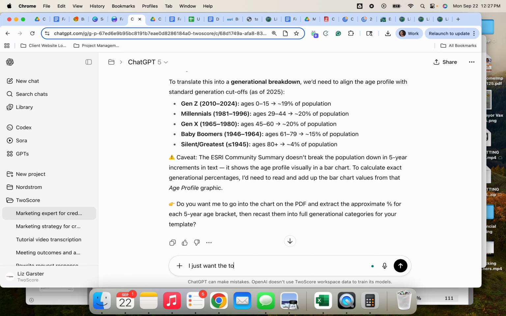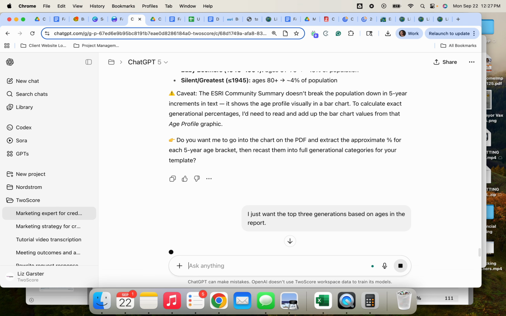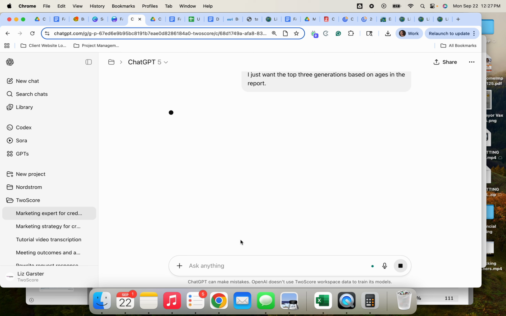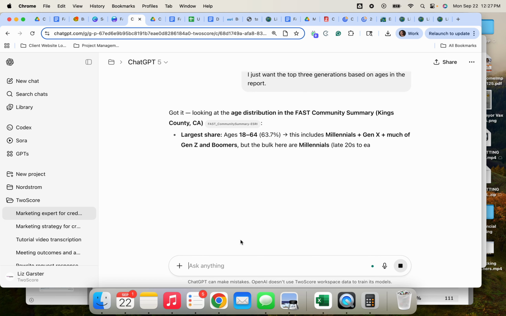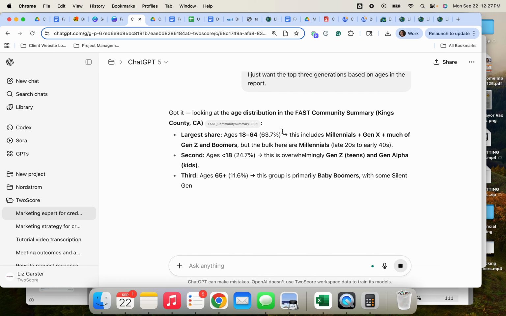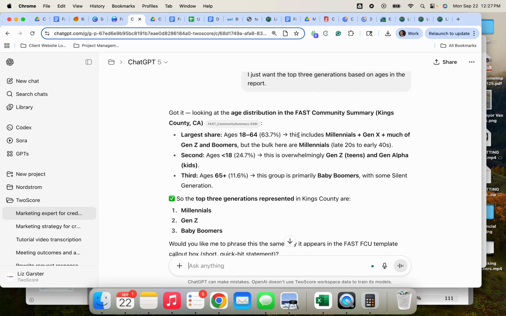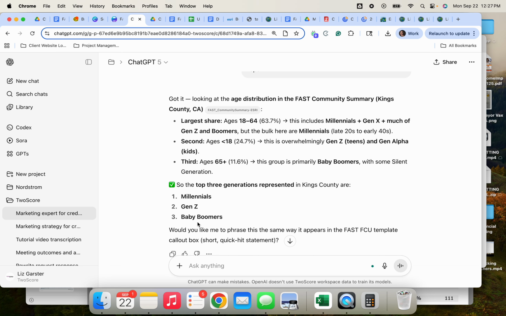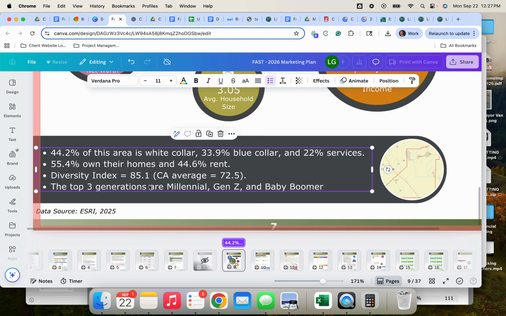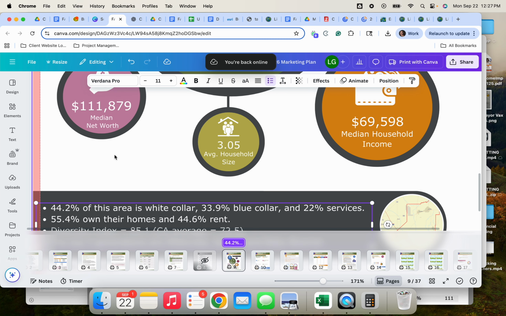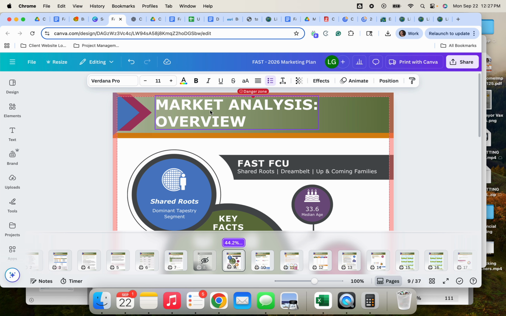I just want the top 3 generations based on ages in the report. So I'm asking it to give me the top 3 generations based on the ages in the report because it just breaks down the age. So largest: millennials, Gen Z, baby boomers. Gotcha. Oh, well, there you go. Same as whatever the previous report was. All right, so this page is done.